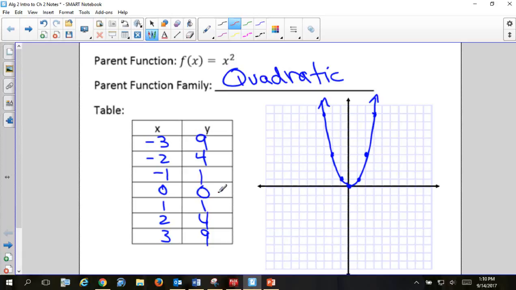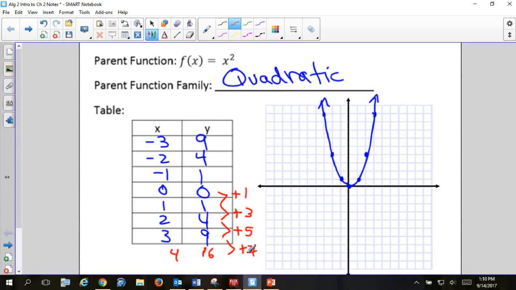From 0 to 1, I would add 1. And then from 1 to 4, what would you add? 3. And then from 4 to 9, you would add 5. What is the next square? If I had 4 and then 16, what would that difference be? 7.